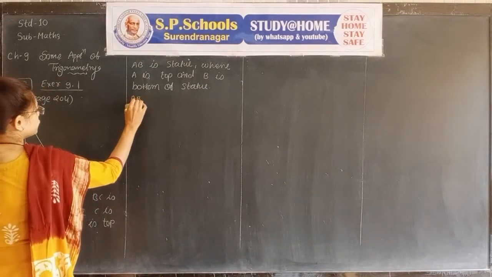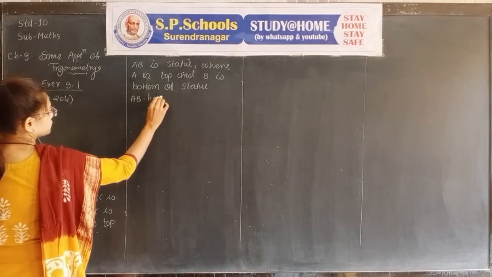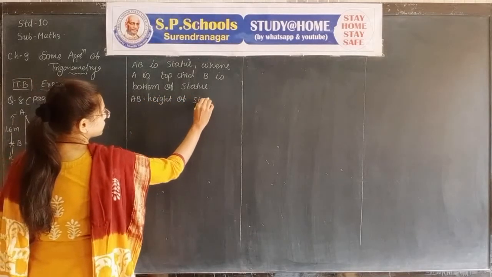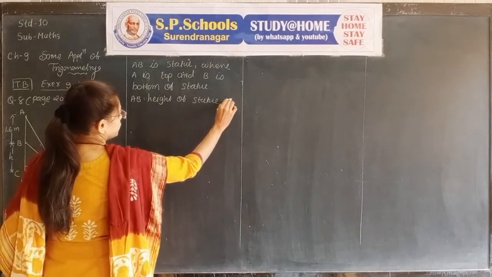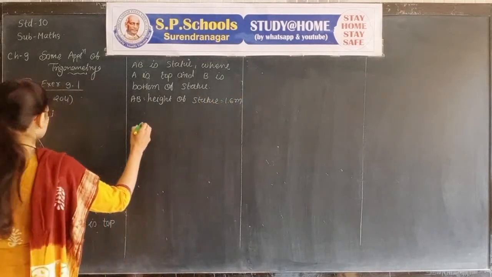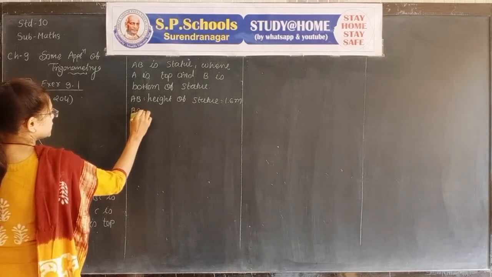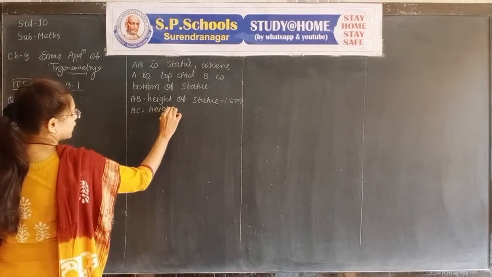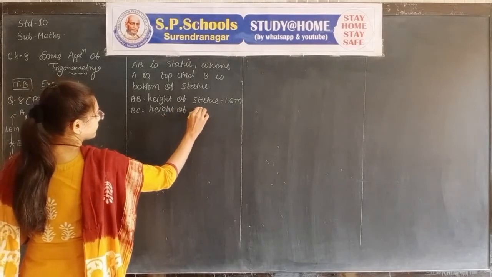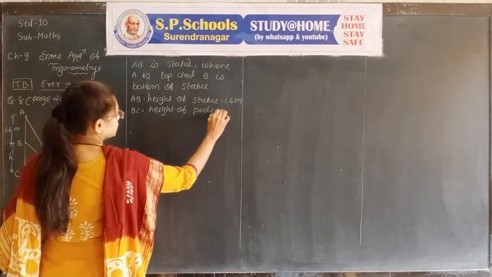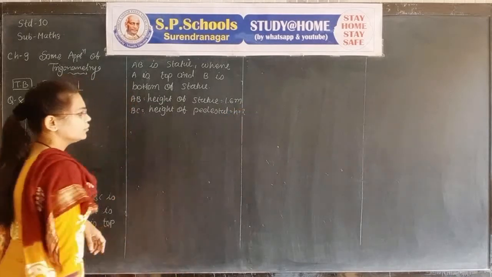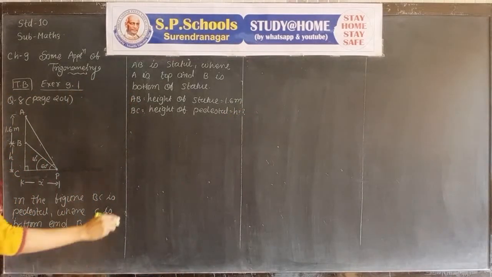AB is equal to the height of the statue, which is 1.6 meter. BC is equal to the height of the pedestal, which is H, and we want to find it, so question mark it.